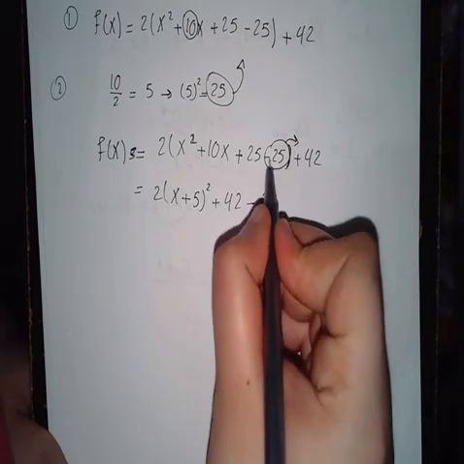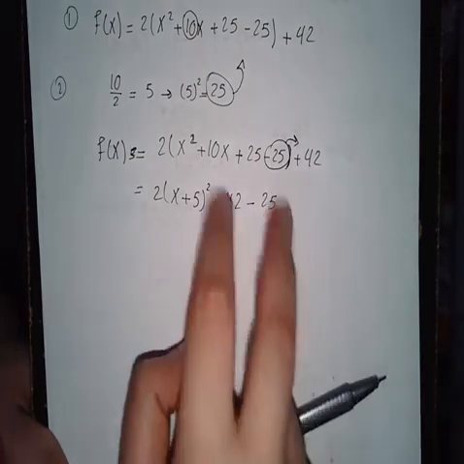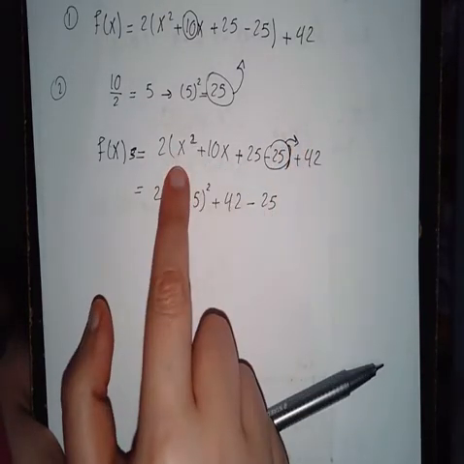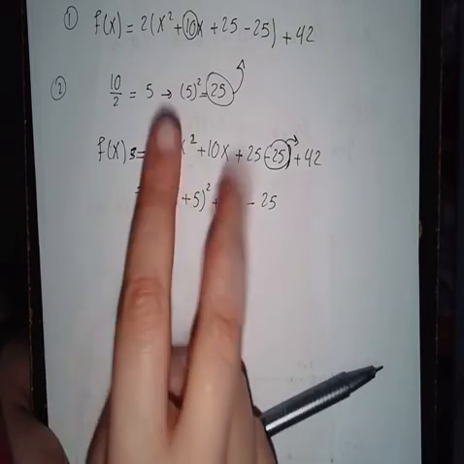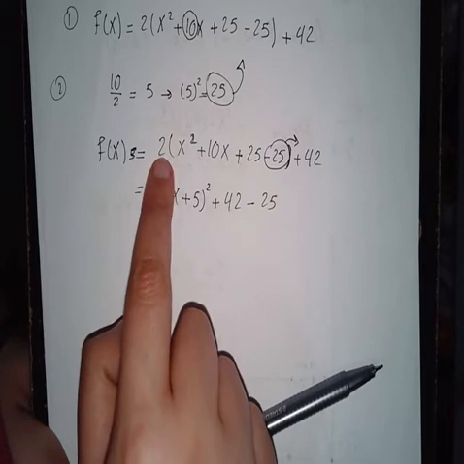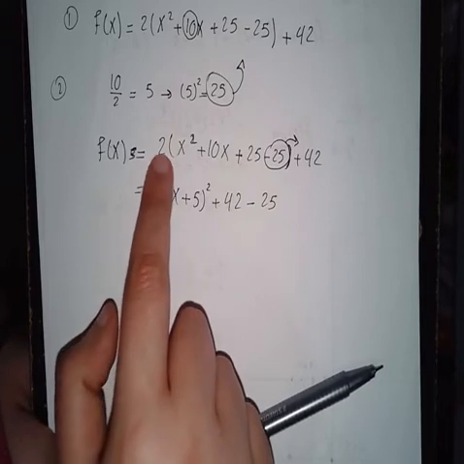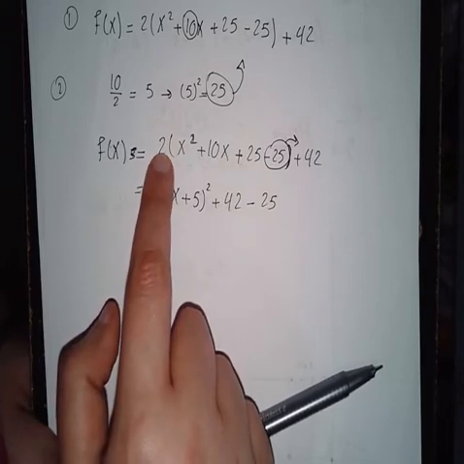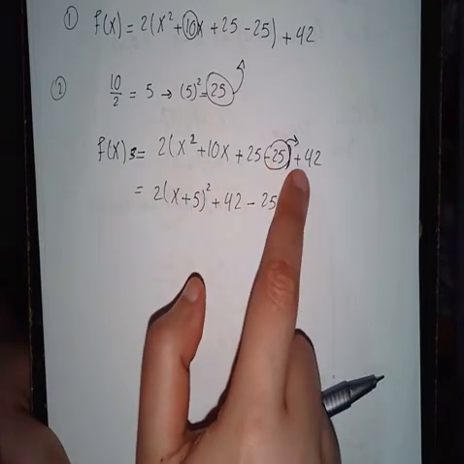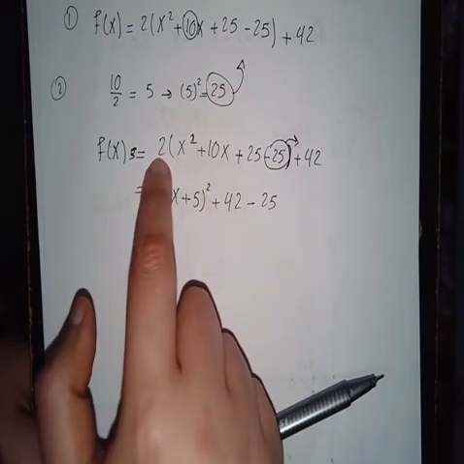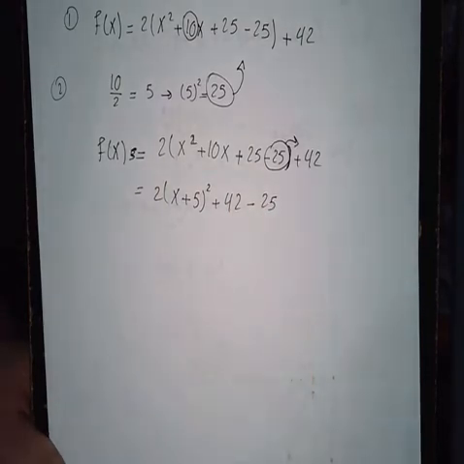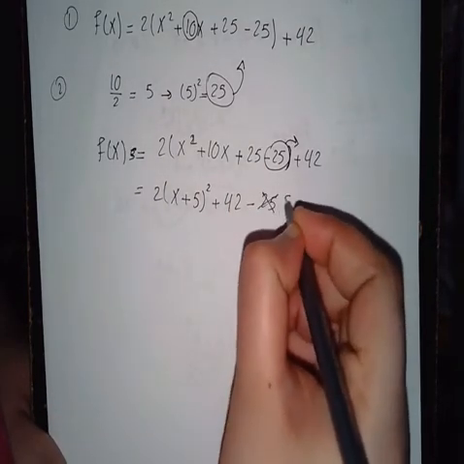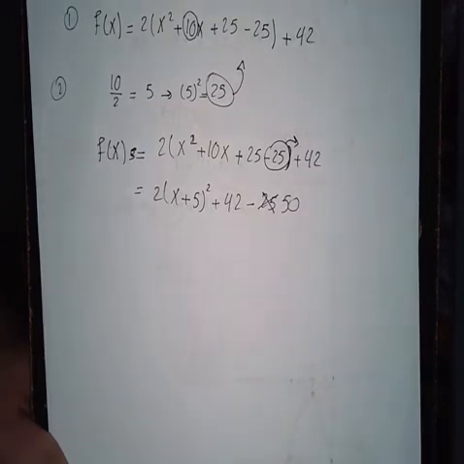Because you see, over here, this 25 was inside the parentheses that I initially drew. That is multiplied by what? By 2. So please notice that I multiplied the whole pair by a when I took it out, right? That means that if I want to take it out of that pair, it needs to get multiplied by that 2 first. So this is not actually 25, it's negative 50, right?